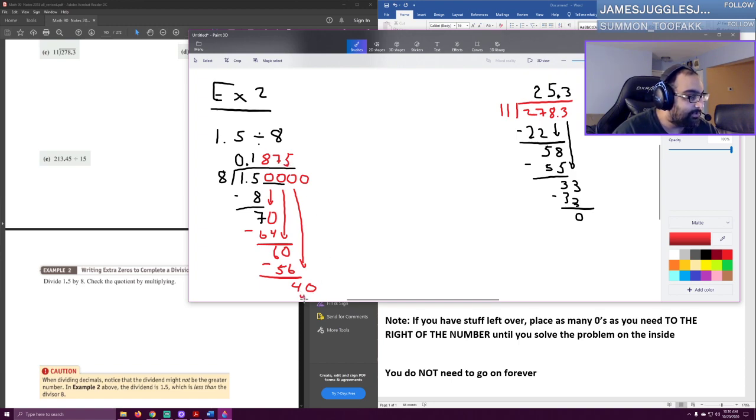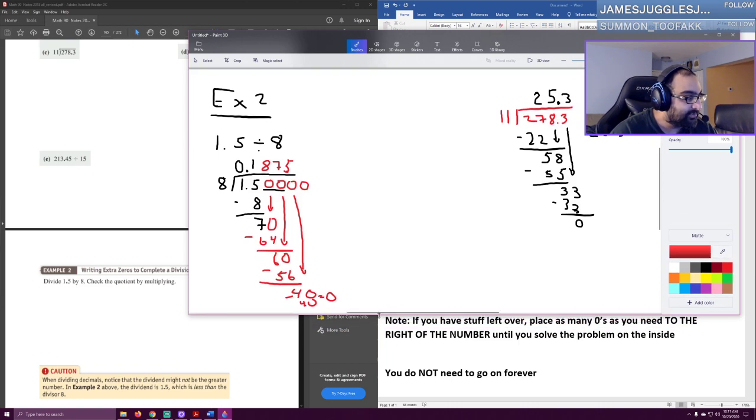So that'll be 40, and that leaves a remainder of 0. Okay, that's how we found that. This shouldn't be too much of a problem. And so our final answer here is 0.1875.